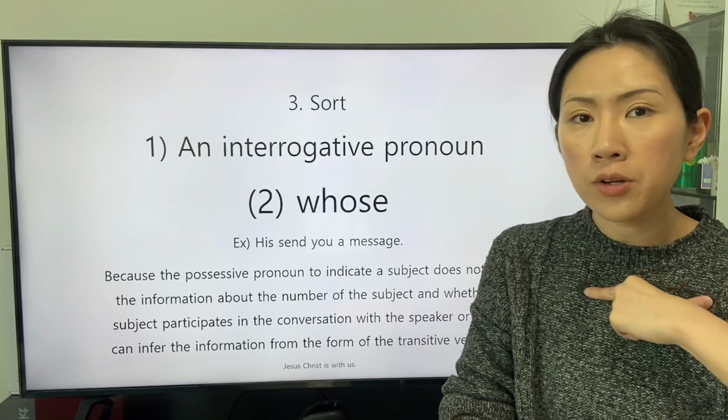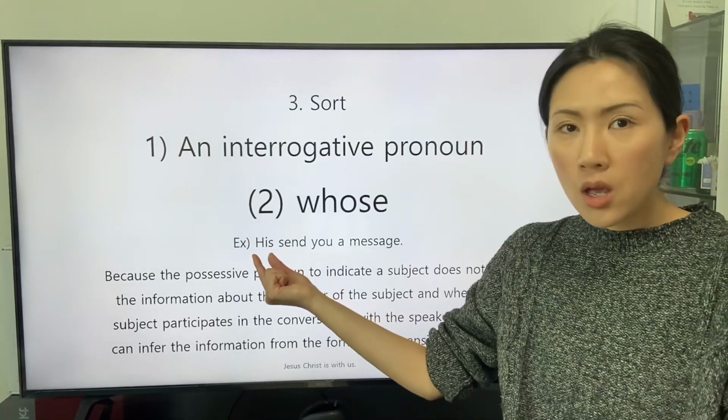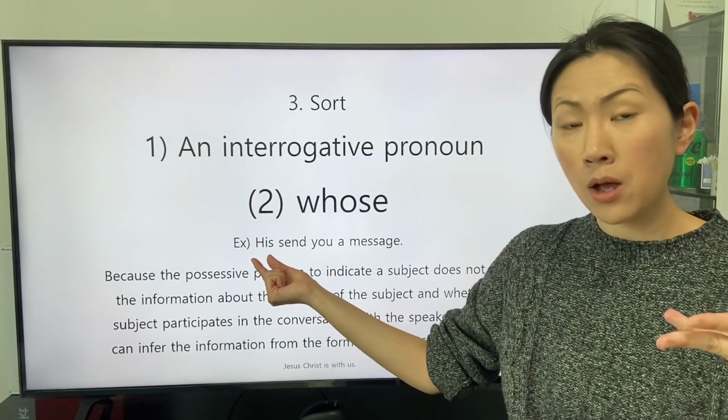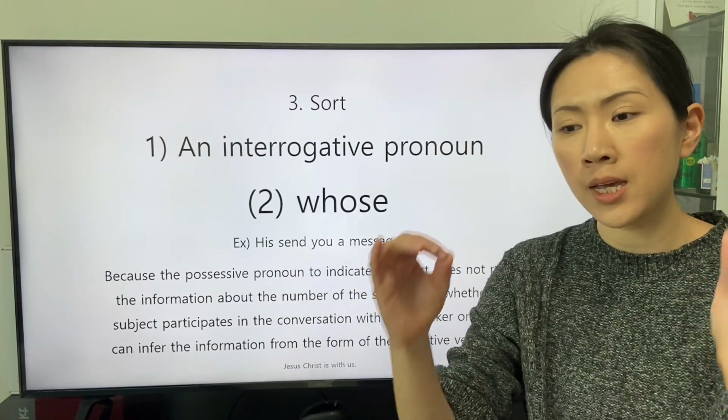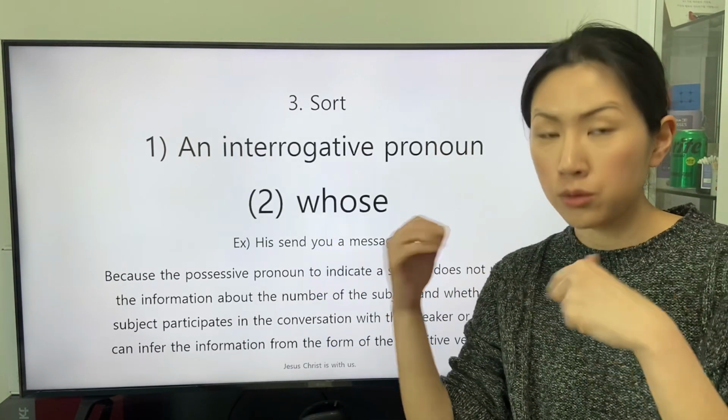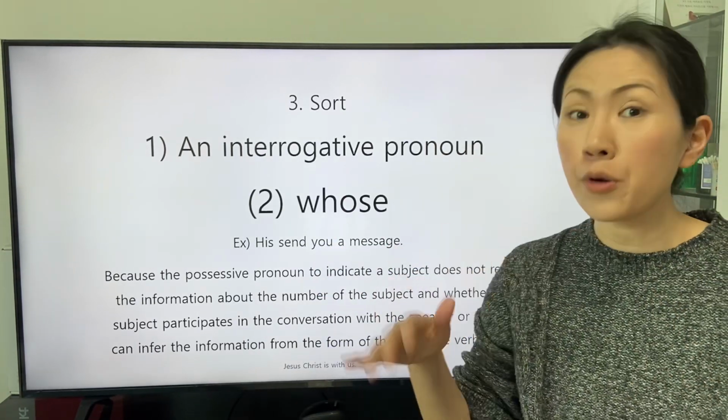So we can understand that the possessive pronoun his corresponds to the interrogative pronoun whose in the interrogative clause.